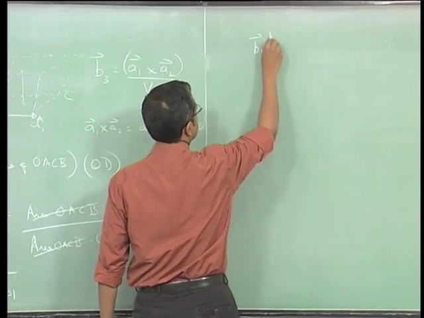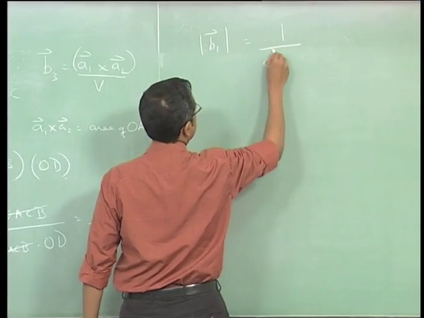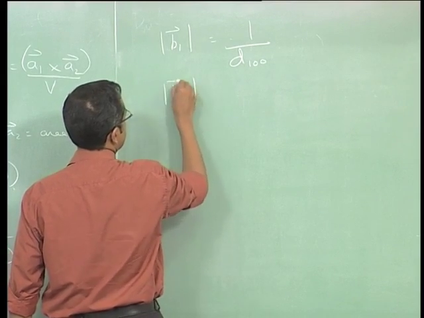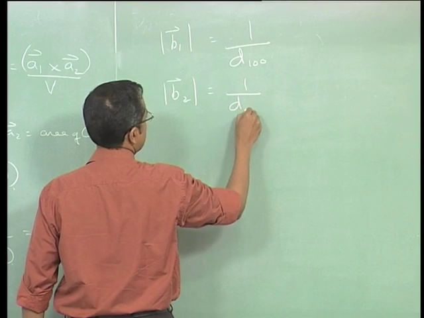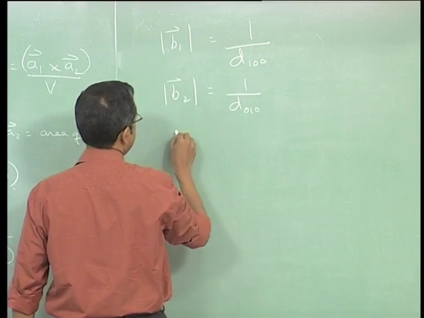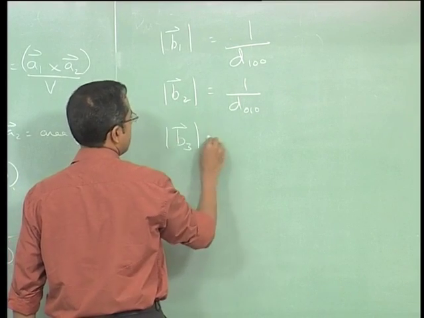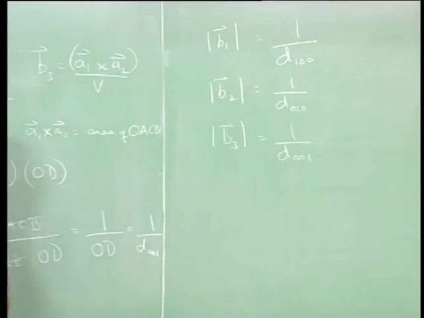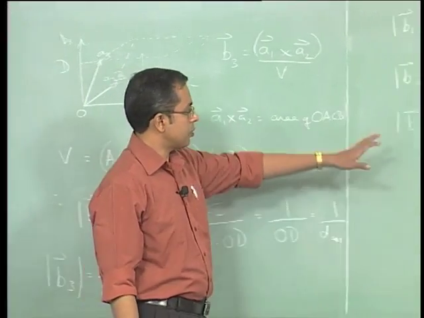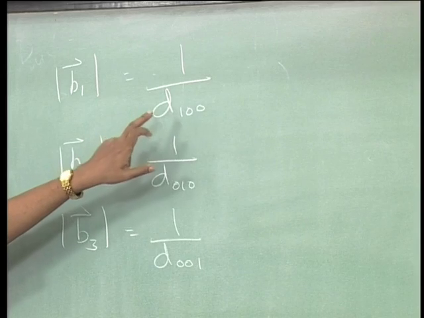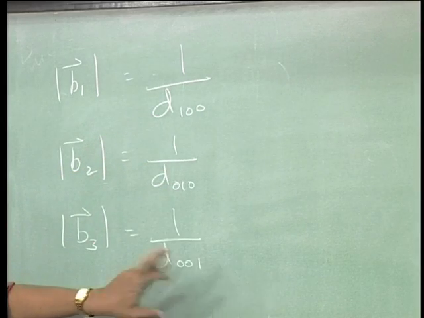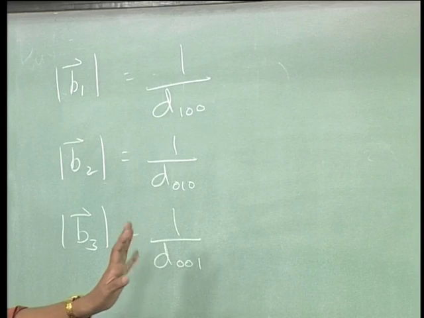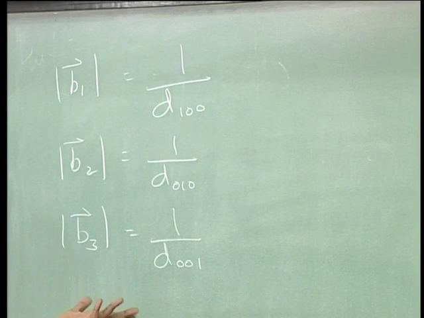B1 is 1 by D100, B2 is 1 by D010, and B3 which we just did is 1 by D001. So B1, B2 and B3 are inversely proportional to the spacing of those planes, the 100, 010 and 001 planes. So by way of our definition we have created the situation, okay. It did not arbitrarily occur; since we defined it this way, this is the way it has occurred, okay.